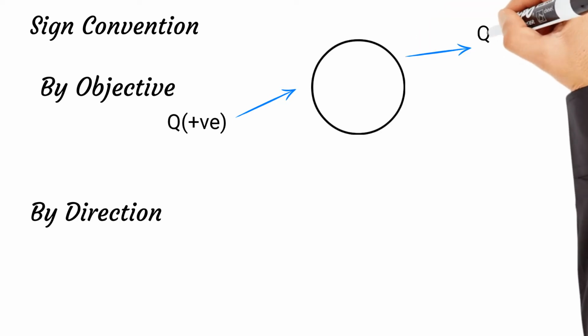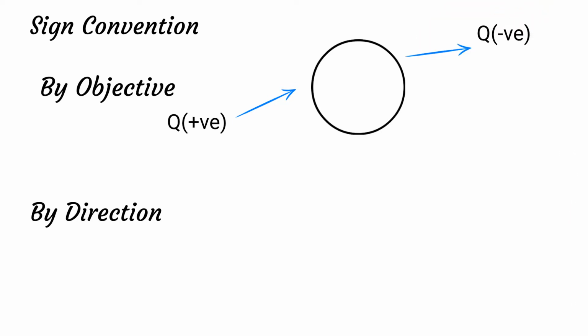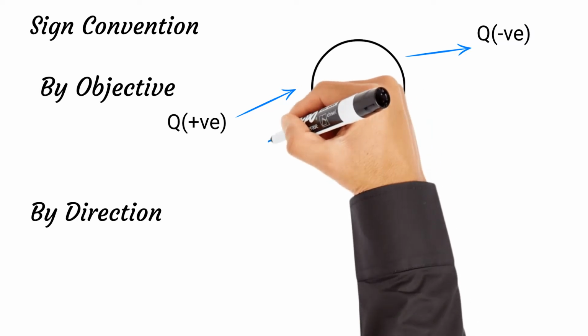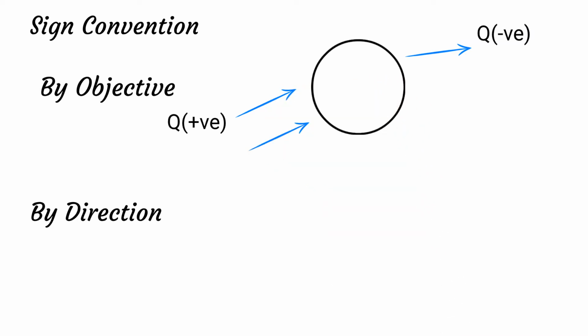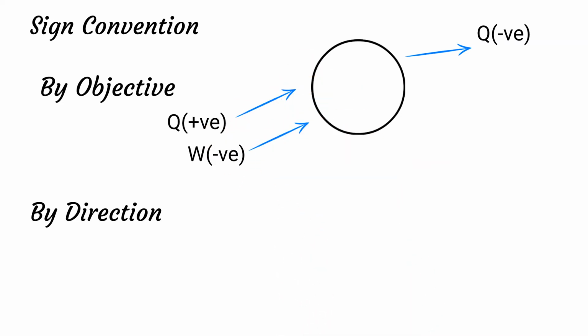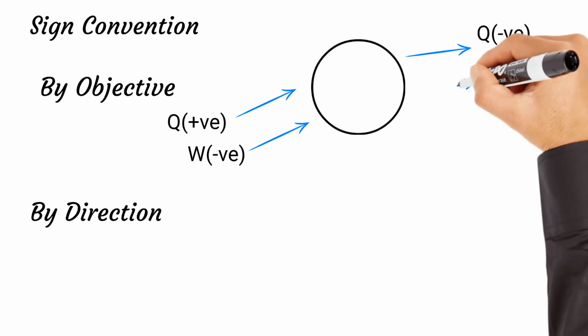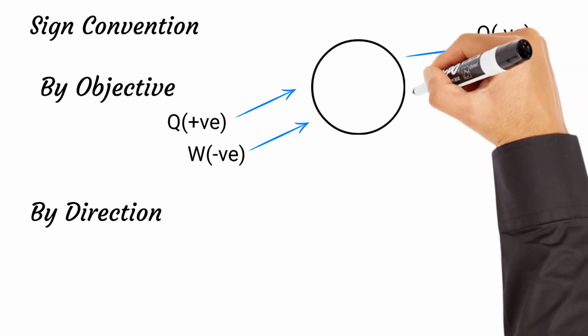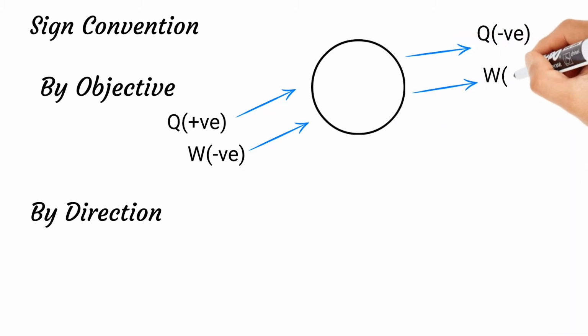If Q is negative, it means heat is supplied from the system to the surrounding. If W is negative, it means work is done on the system by the surrounding. Then if W is positive, it means work is done on the surrounding by the system.